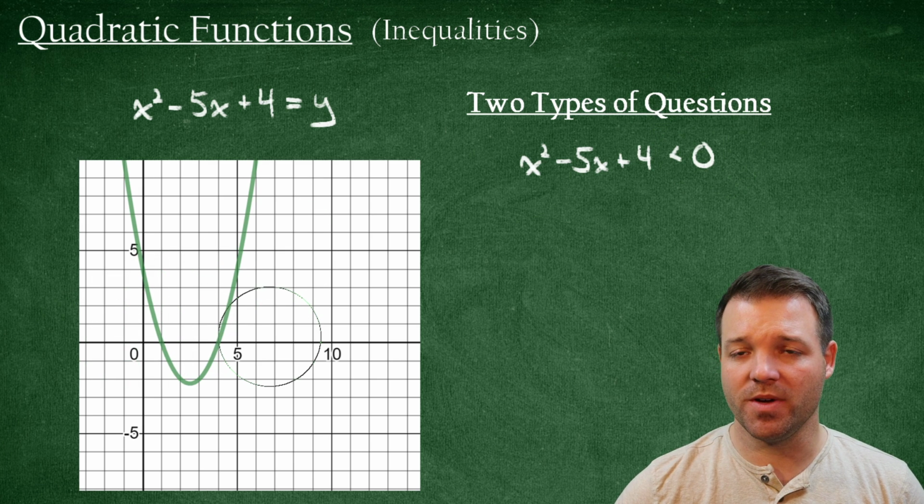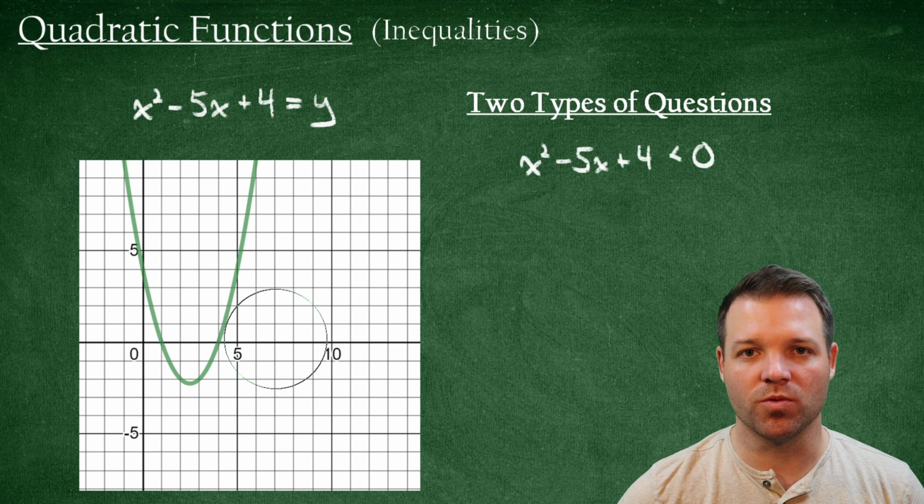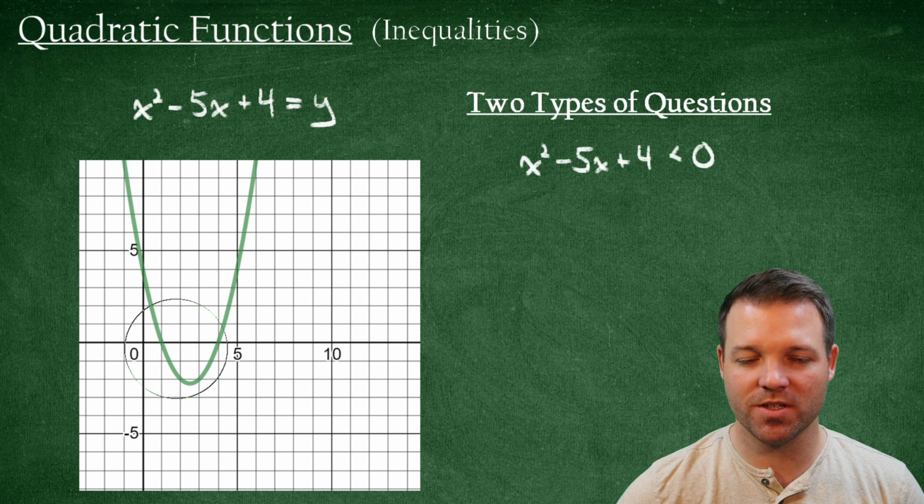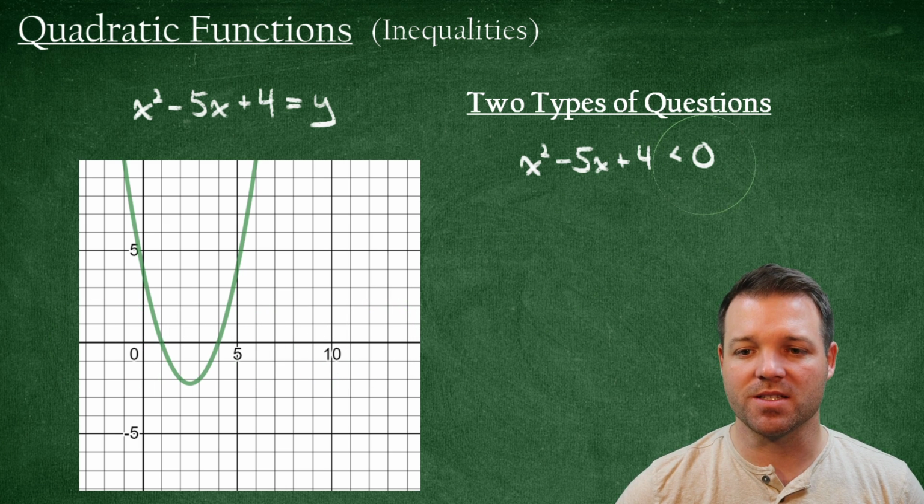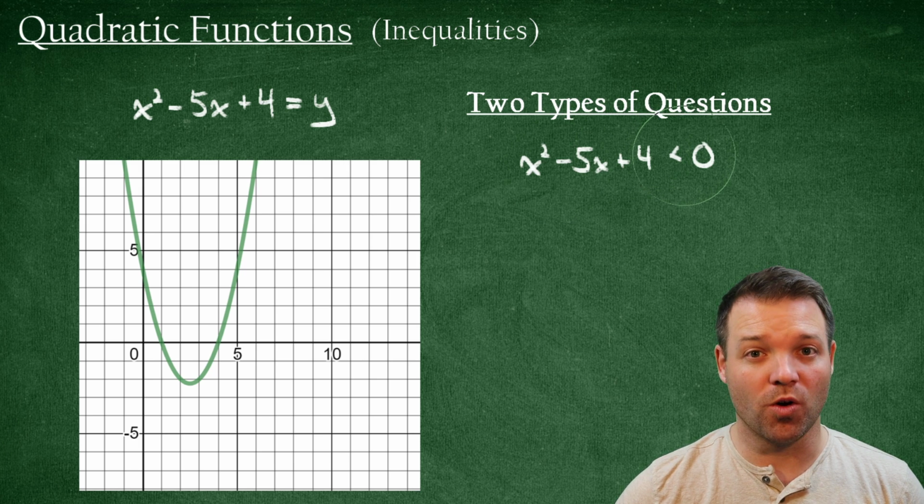And in a two-dimensional graph, where is y equal to 0? Well, that is literally the line of the x-axis. Where y is equal to 0, that is the x-axis. So this is actually asking, where is this left side below the x-axis? That's actually what it's asking.